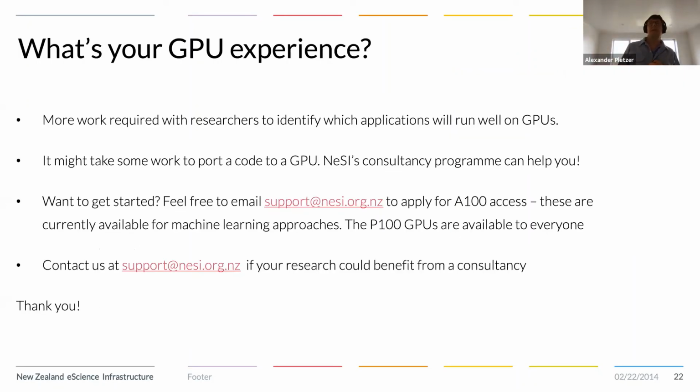But finally, I would like to hear about your GPU experience, of course, if you've been using GPUs, and what's your take. And finally, we have a consultancy program that potentially can help you.